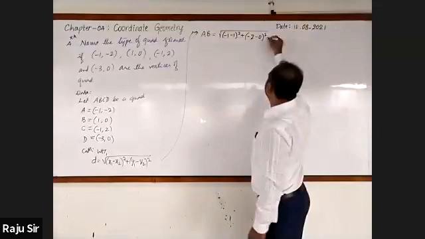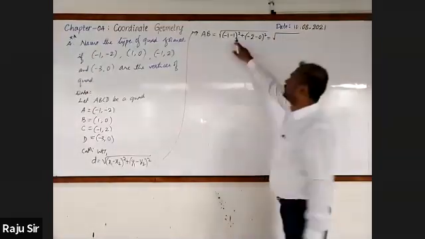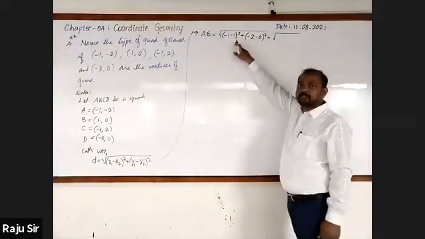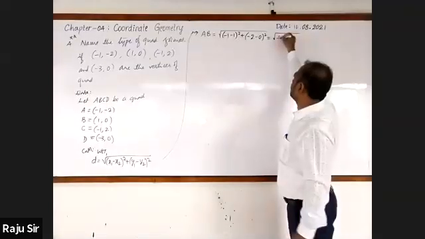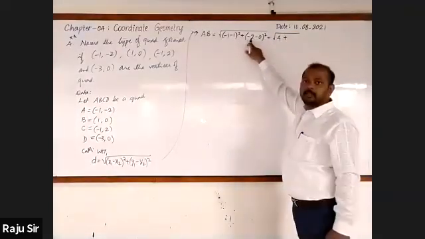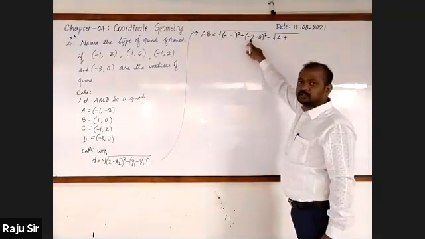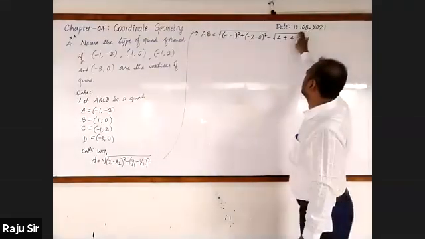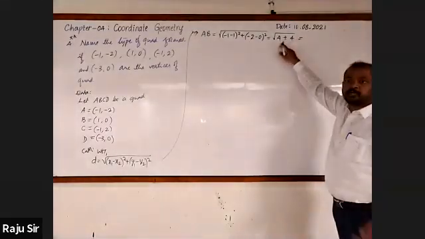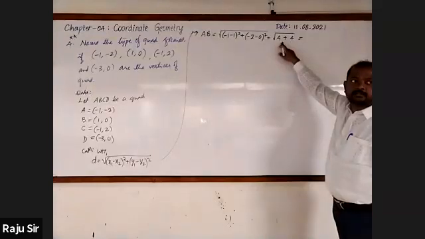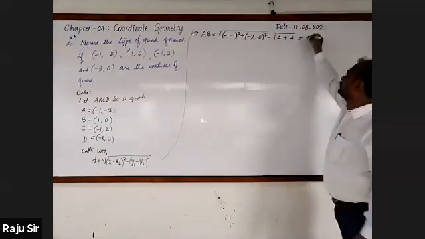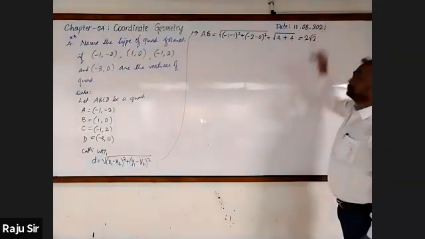That is equal to the square root of minus 2 whole square, which is 4, plus minus 2 whole square, which is 4. 4 plus 4 is 8. 8 can be written as 2 root 2.